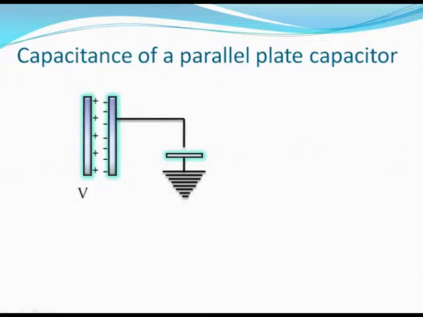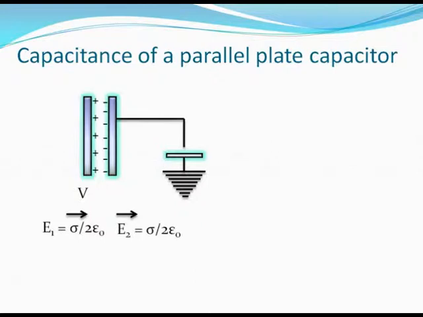As I had just said, the net capacitance is Q by V, and we have to calculate the potential difference between both the plates. Now let's assume that the charge density on both the plates is sigma. In that case, the electric field between these two plates because of the plate on the left will be sigma by 2 epsilon naught.